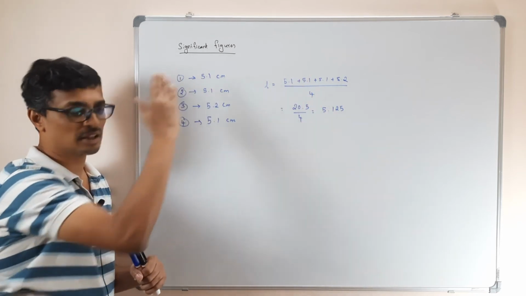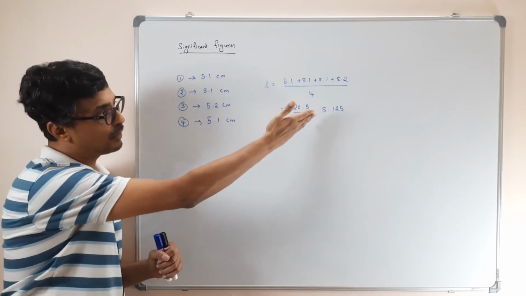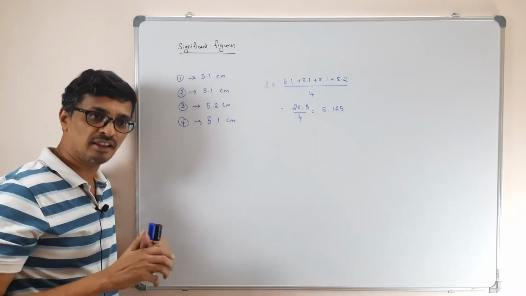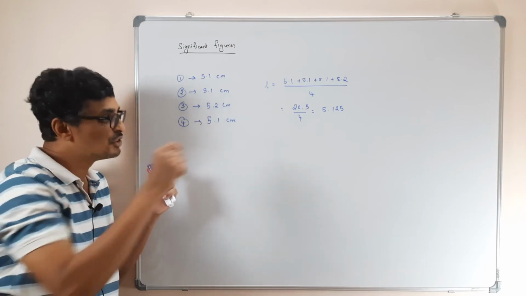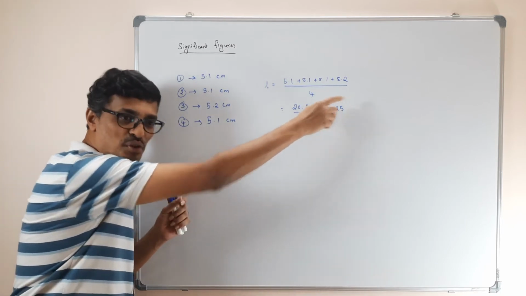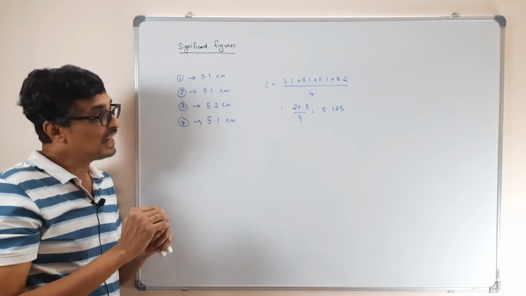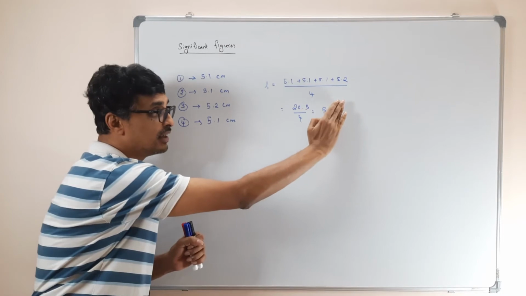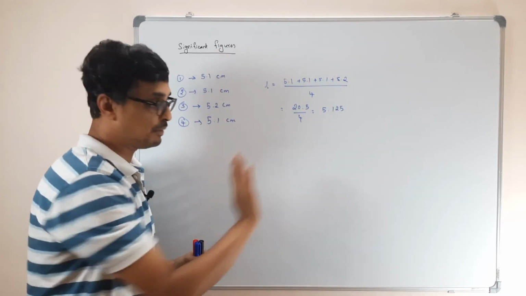Some digits I have to cut, because this will misguide people. If I say the length of this stick is 5.125, everyone will think you had a very high-tech scale which can measure up to 0.001 centimeter, which is not correct. So I have to stop at some digit.